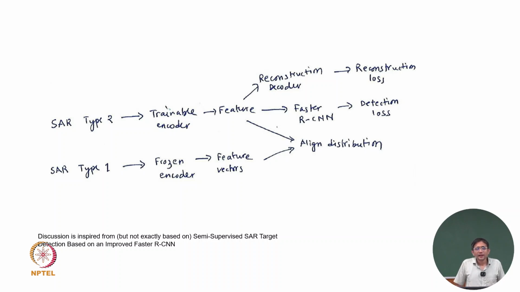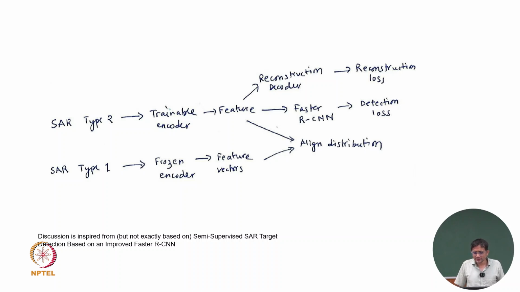Assuming both get fed with similar kinds of images, I'm not saying that the same image is fed to the two encoders, rather the images are captured in a similar kind of area. So what we are hoping is that they have a similar kind of distribution. The feature vectors we get from the SAR type 1 encoder and the features we get from the SAR type 2 encoder, we want to align those distributions.